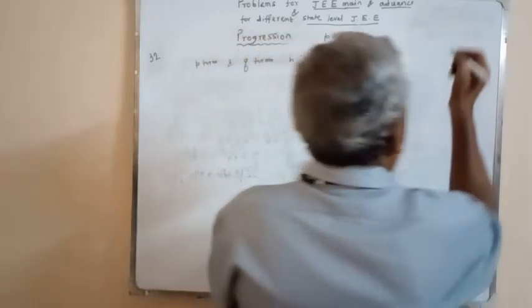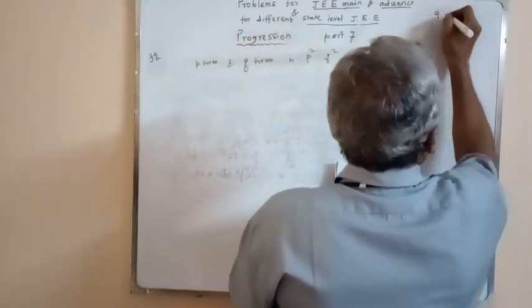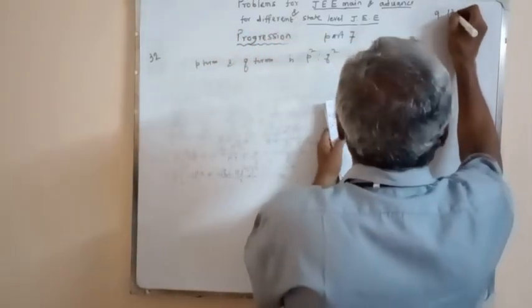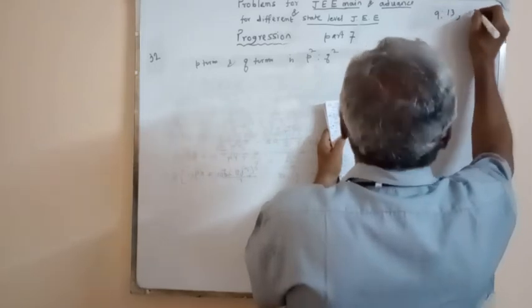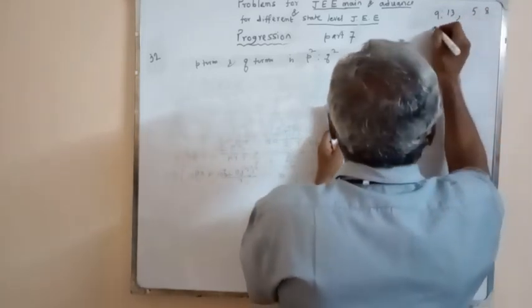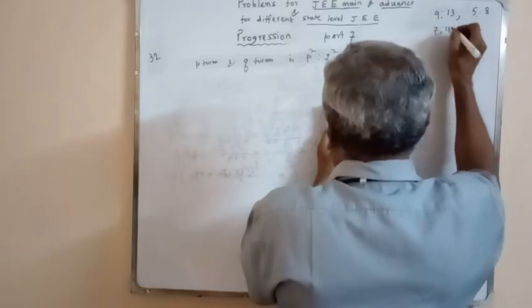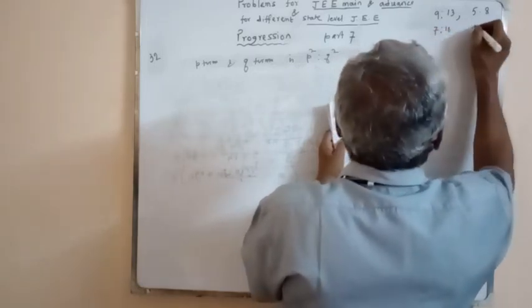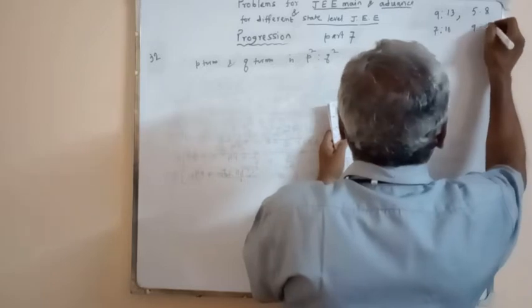Options: 9 is to 13, second one, 5 is to 8, 7 is to 10, 9 is to 11.